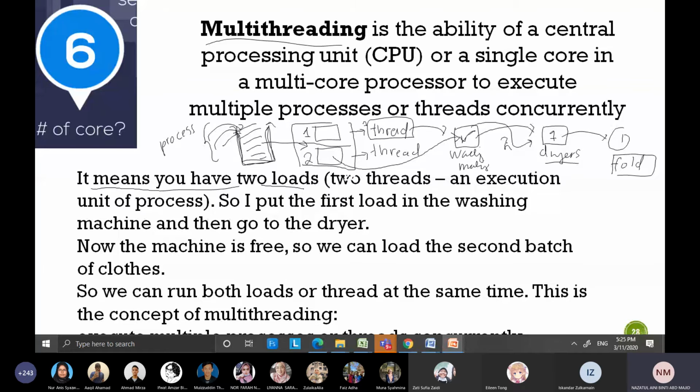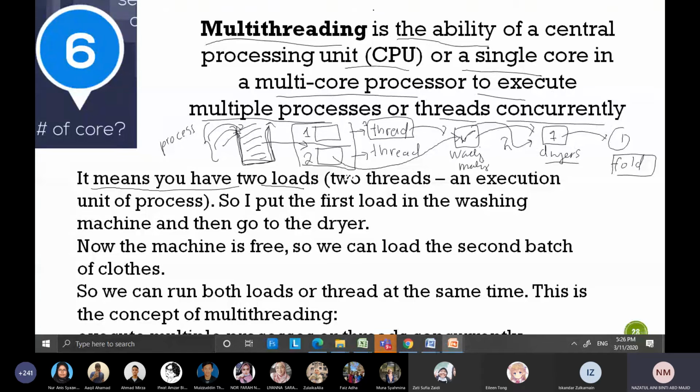So what you can see from these examples is that we can run both loads or threads at the same time. This is the concept of multi-threading. So multi-threading is the ability of a CPU, central processing unit, or a single core in a multi-core processor, to execute multiple processes or threads concurrently.